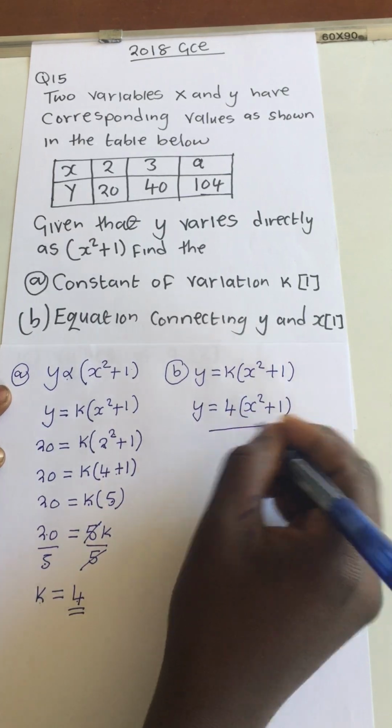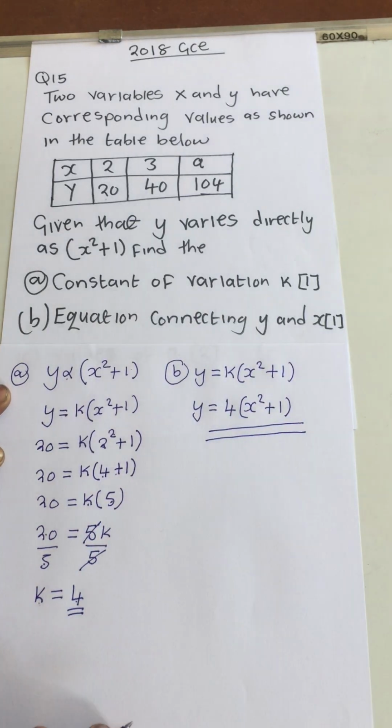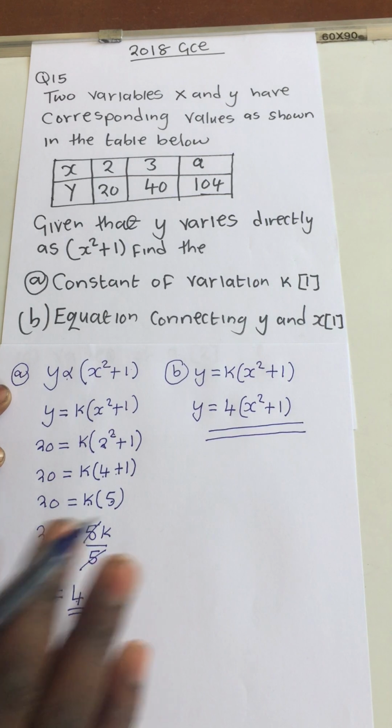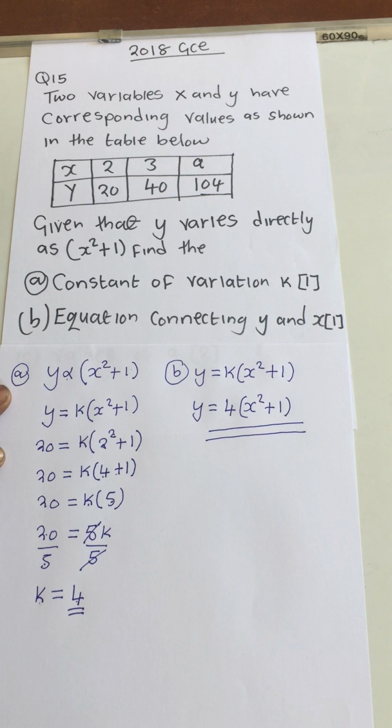You end there. They just wanted the equation connecting x and y. You get your 1 mark.